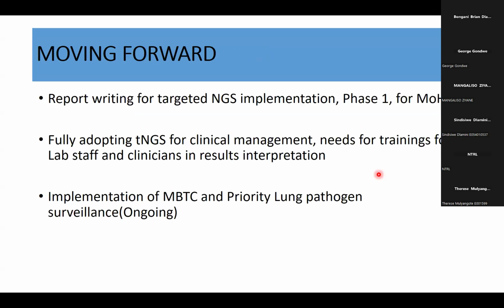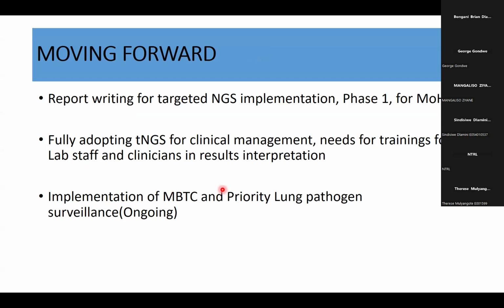So we are currently working on the report, and most importantly, we are saying sequencing must be fully adopted into our guidelines for clinical management. So we need to do some more trainings. We do acknowledge that we still need to do some capacity building for our clinicians.